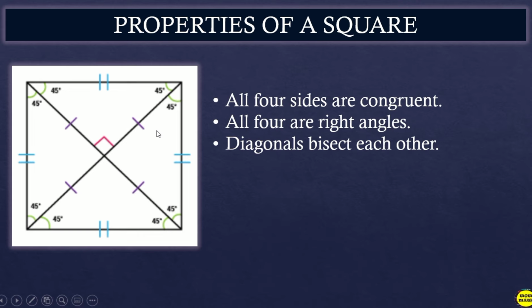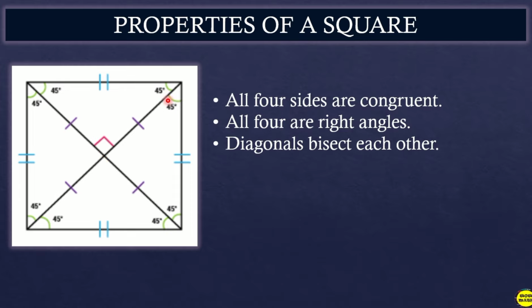Anong ibig sabihin nun? Kapag itong diagonal na to, class, binisect niya itong diagonal na to, ibig sabihin, hinahati niya itong diagonal into equal segments. Ibig sabihin, itong line segment na to mula dito papunta dito, at yung line segment na to mula dito papunta doon, ay equal sila.